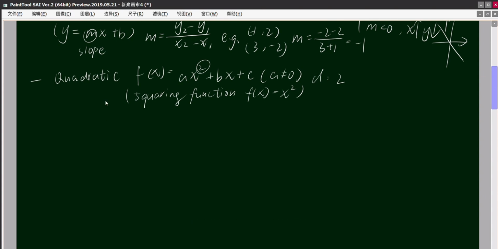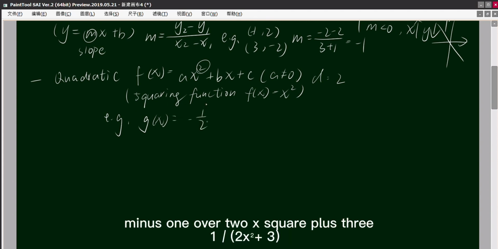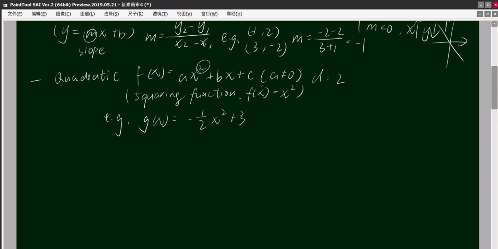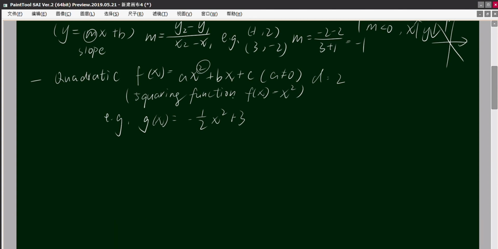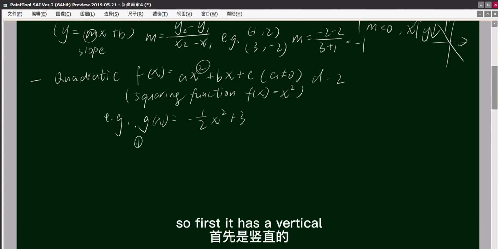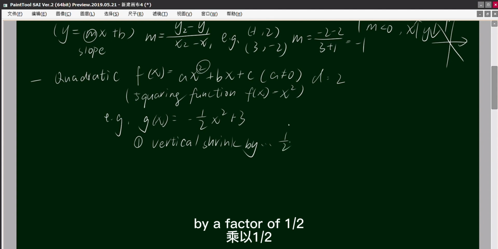Here's an example. If g(x) equals -1/2 x squared plus 3, how can this graph be transformed from the squaring function? So first, it has a vertical shrink by a factor of 1/2.